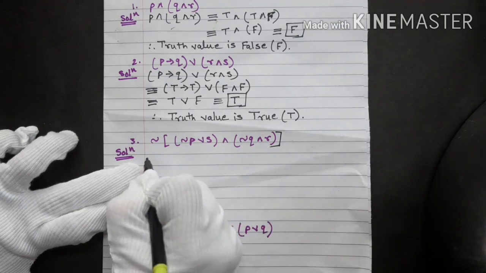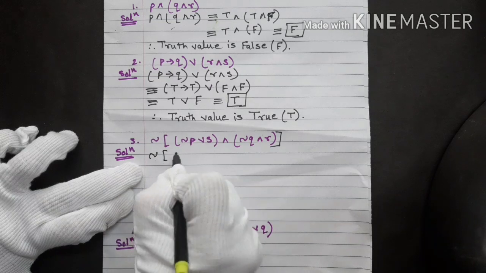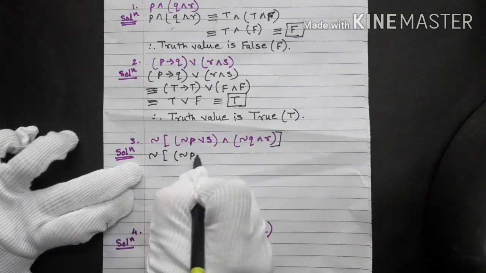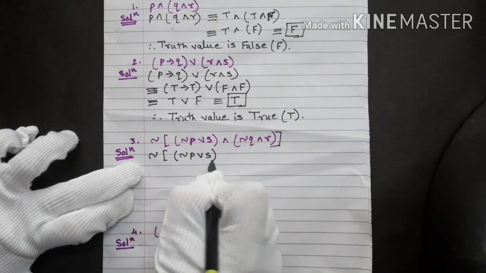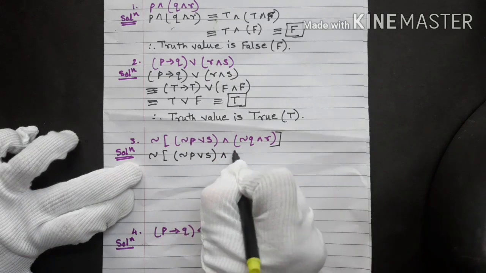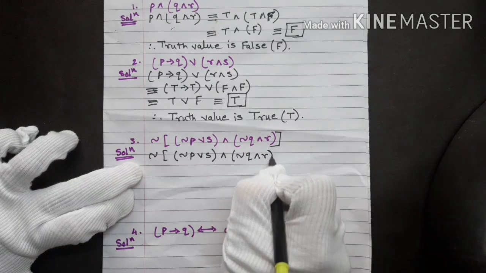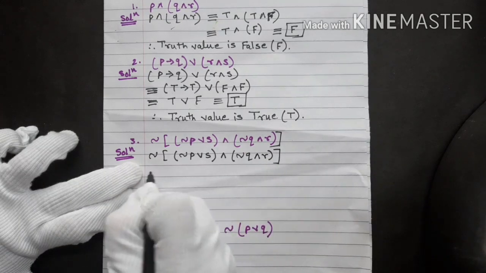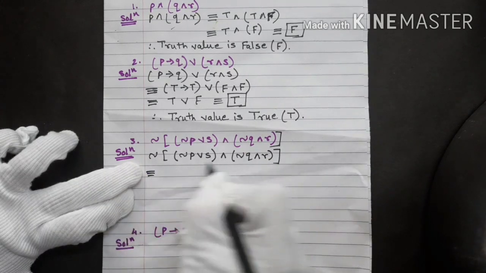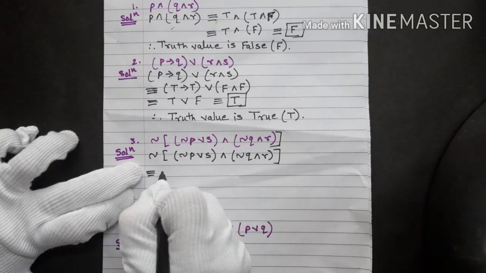So let us write this again. Negation P or S and negation Q and R. Yes. So first let us substitute the truth values.